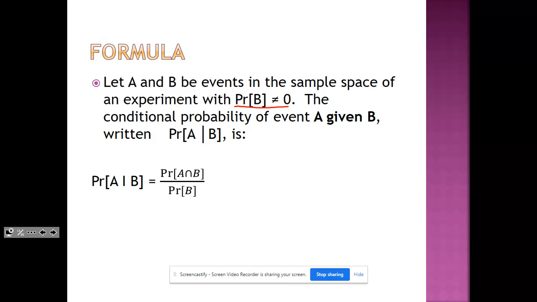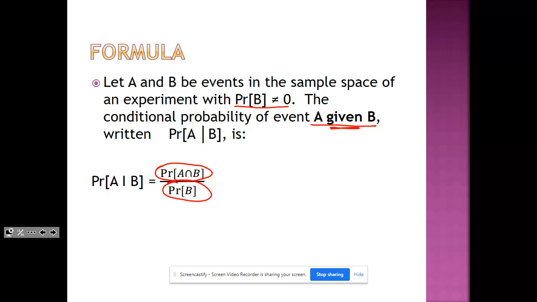The conditional probability, if we say A given B, we write it like this. That vertical line means given. So A given B is the probability of both A and B happening divided by the probability of B happening.